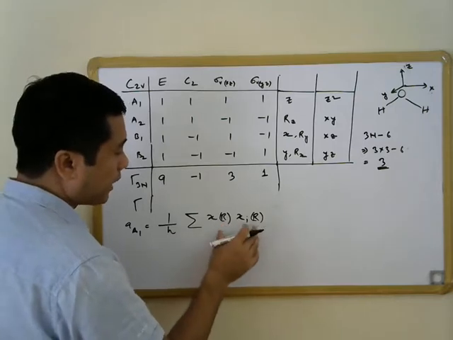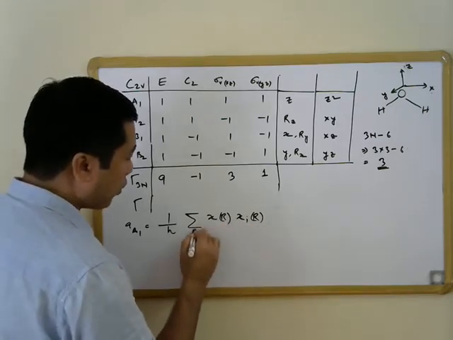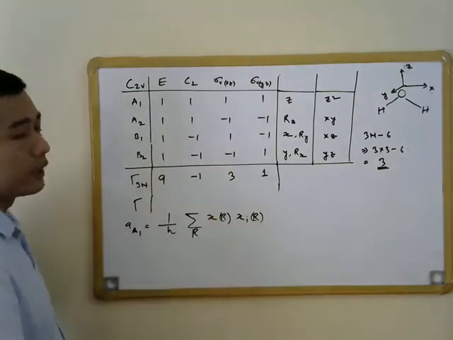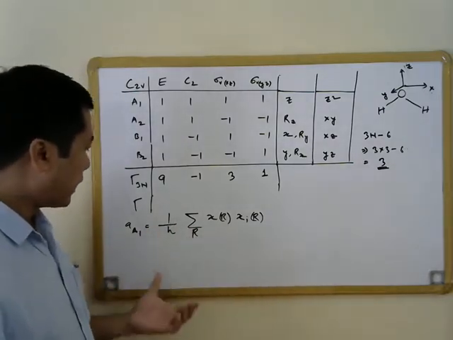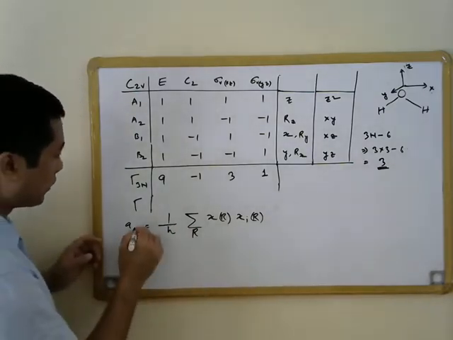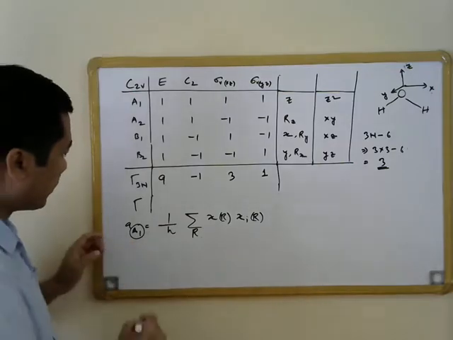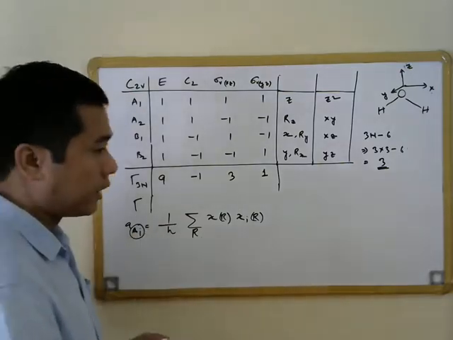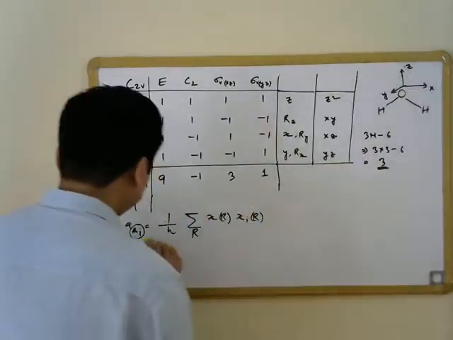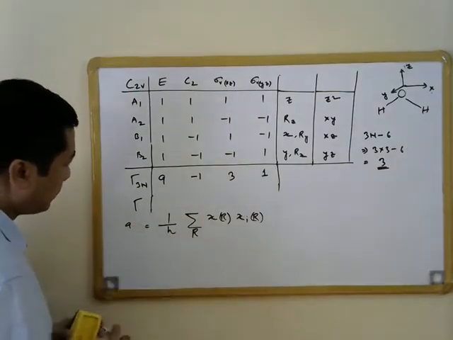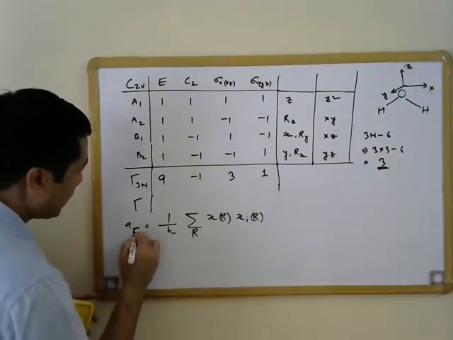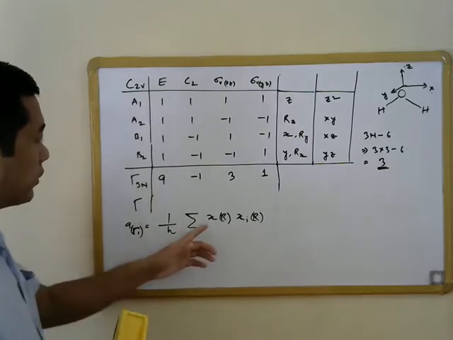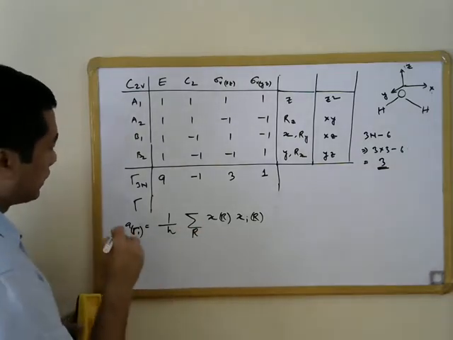When we multiply and sum it up for all the symmetry operations present within that particular group, this is going to give us the number of times the irreducible representation gamma i appears in the reducible representation.